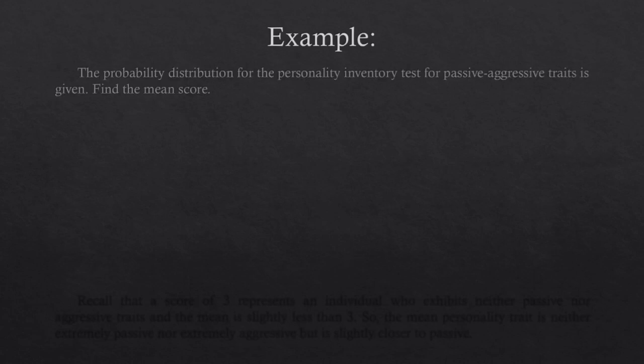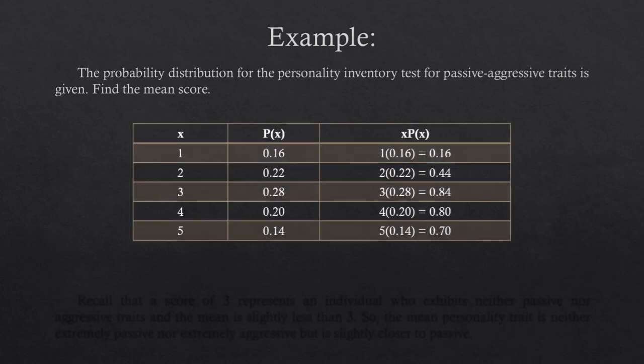Example, the probability distribution for the personality inventory test for the passive-aggressive trait is given. Find the mean score. As you can see in the table, the first column is multiplied by the second column, which gives the third column.